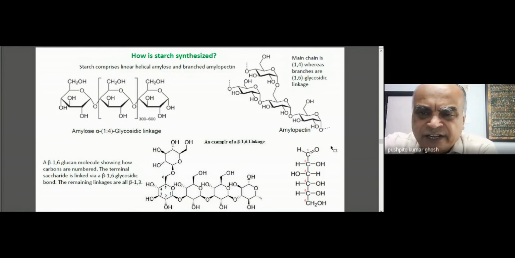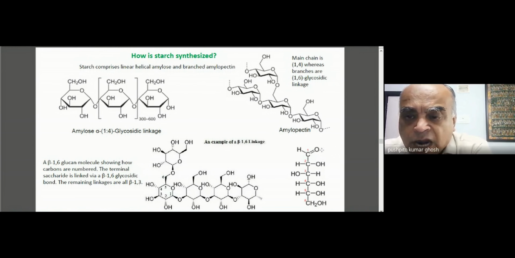Carboxylic acid is treated as the highest functionality, then comes carbonyl, then alcohol, then CH and things like that. So this carbon is numbered as 1, and then I go in sequence 1, 2, 3, 4, 5, 6. So I've got my numbering over here.